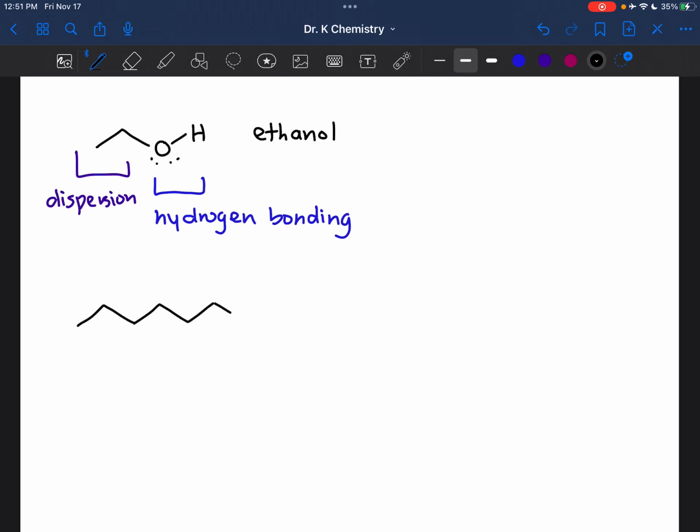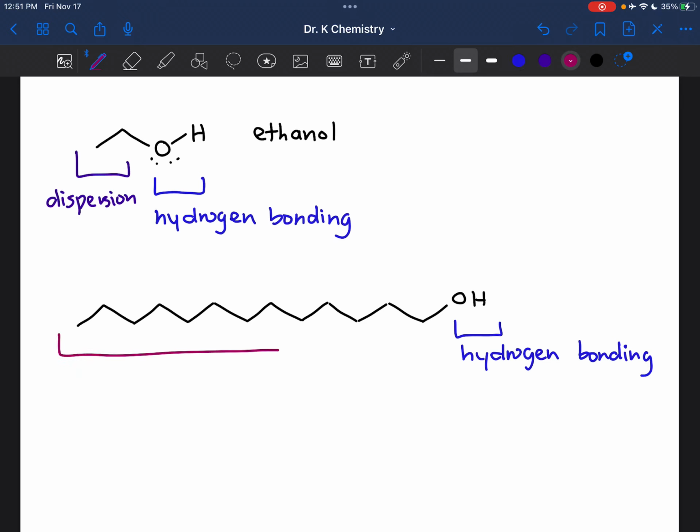Now, if that chain got really, really long, this would not be so soluble in water. Sure, we have a little bit of hydrogen bonding here, but then we have this really, really long nonpolar chain that is not going to dissolve in water.